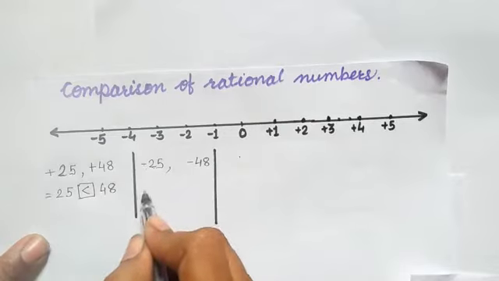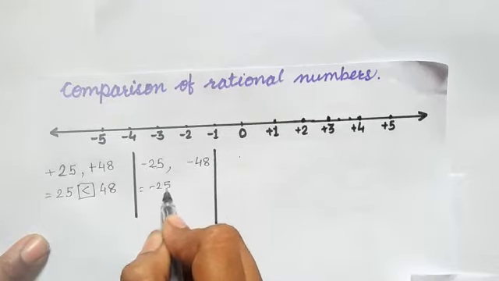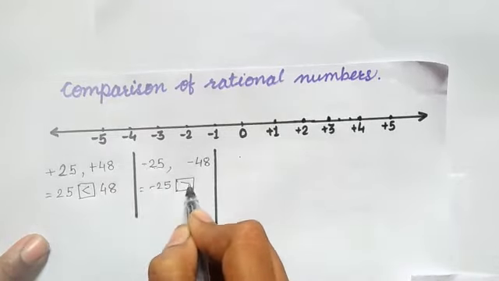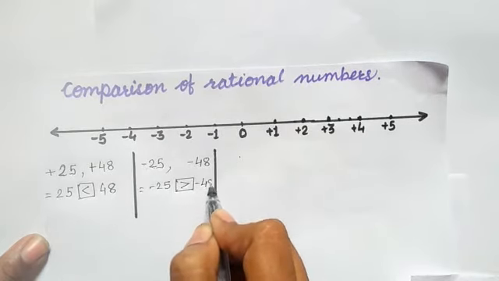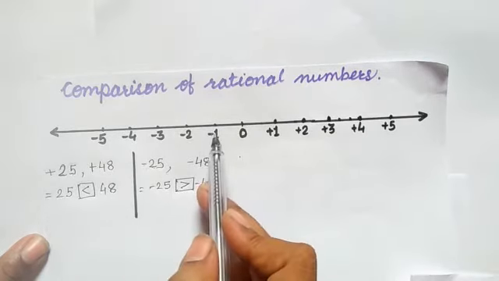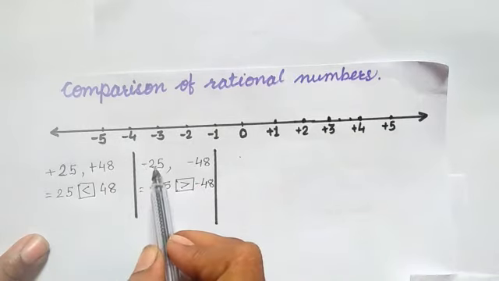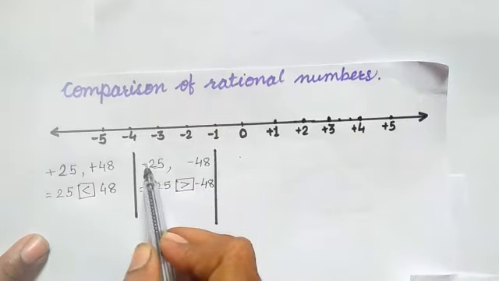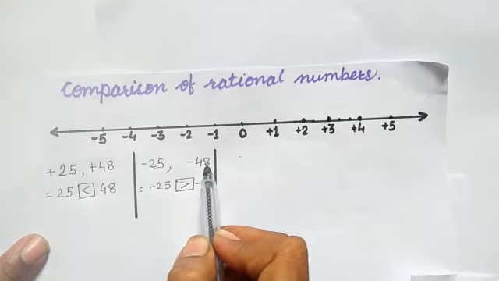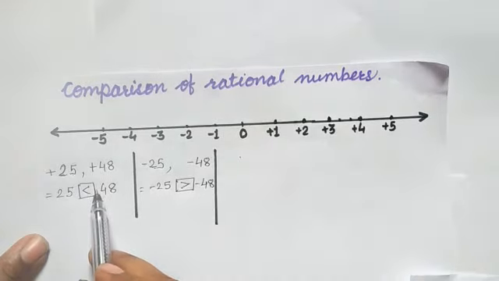It means that negative 25 is greater than negative 48. So in the case of negative numbers, the number which is less in value is greater than the bigger one, just opposite to the first case.